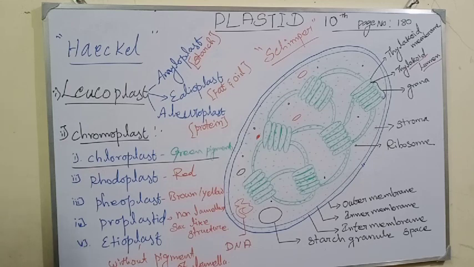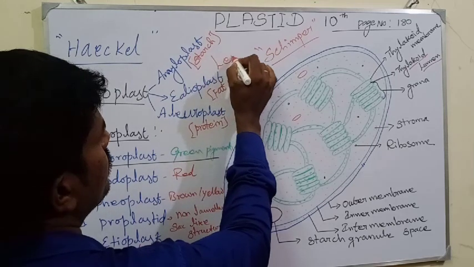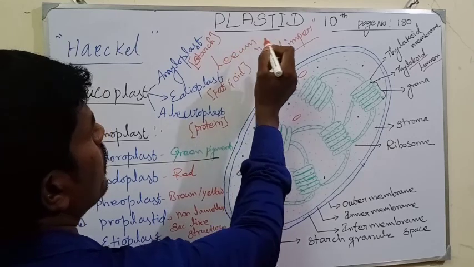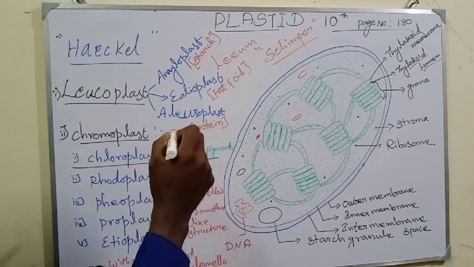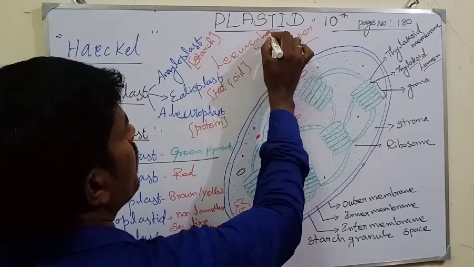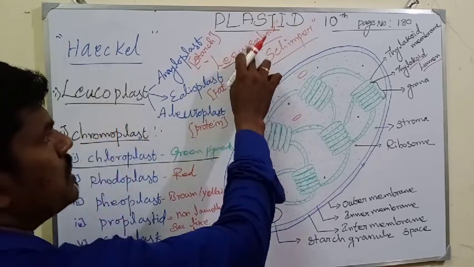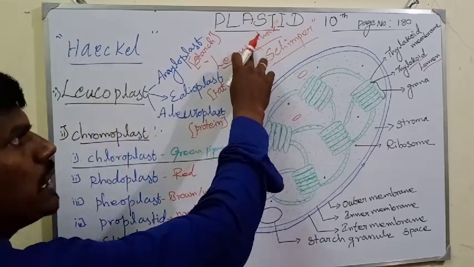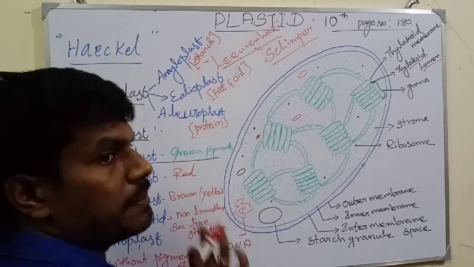The chloroplast was first discovered by Leeuwenhoek. This person first discovered or introduced the chloroplast. And the word chloroplast was given by Schimper.